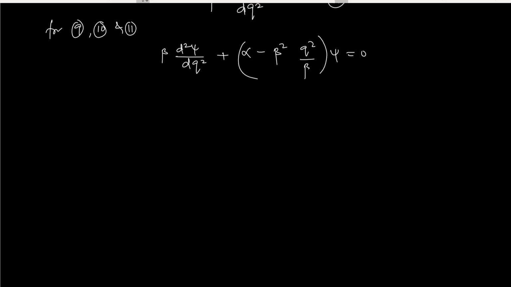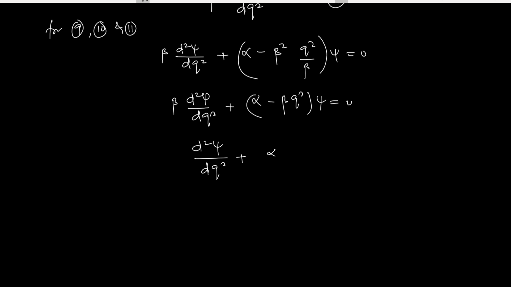So if we substitute and cancel the terms, it will be alpha minus beta q square psi plus d2 psi by dq2 divided by beta. So this equation will take the form like this. We mark this as equation number 12.